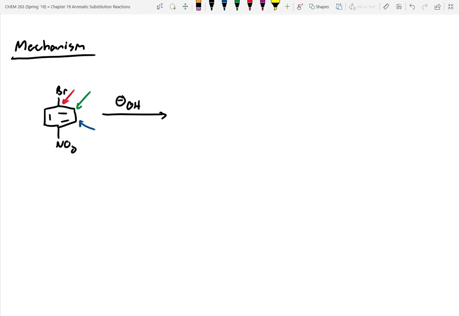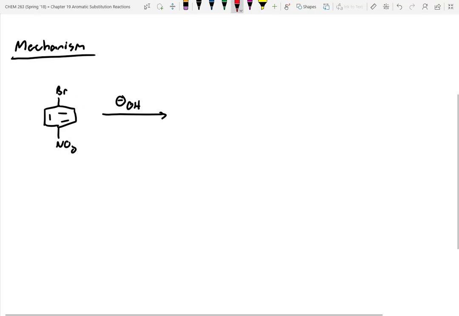So we can go ahead and label my electron poor carbons: electron poor carbon right here, here, and here. Those are ortho and para to our strong electron withdrawing group, and you can rationalize this by drawing all the resonance structures, right? So in this case, our strong nucleophile prefers to attack at one of those sites. In addition, it prefers to attack the site with the leaving group. So it's going to attack right there.